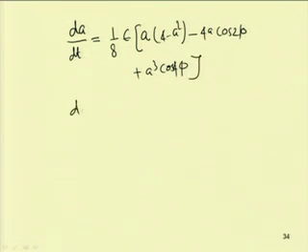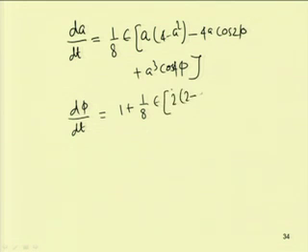Similarly, d phi by dt equal to 1 plus 1 by 8 epsilon into 2 minus a square sin 2 phi minus a square sin 4 phi.